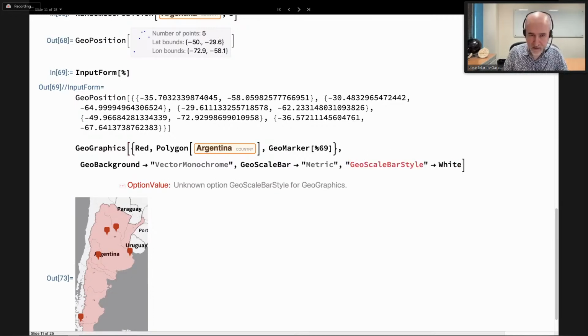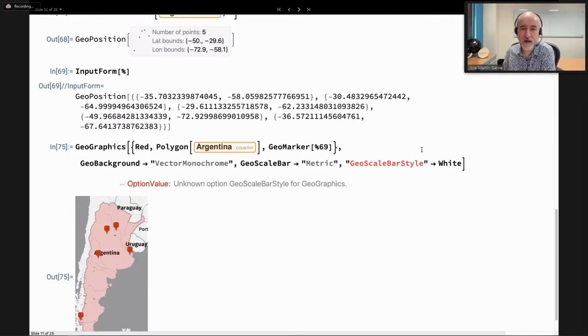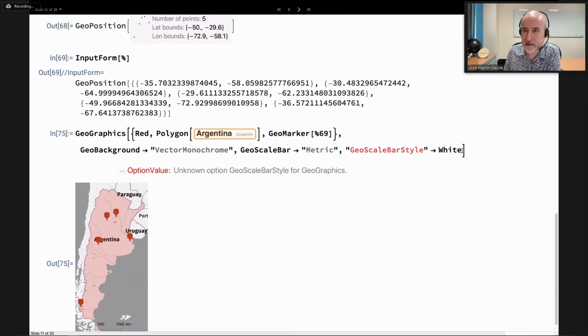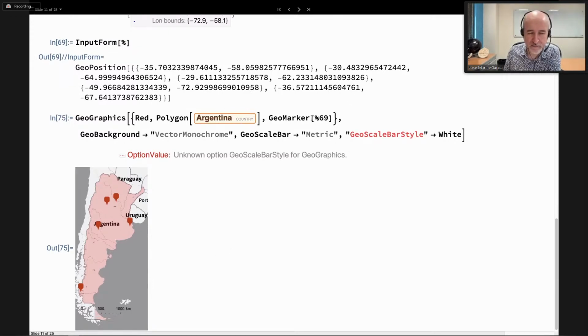This is the sort of thing. No, sorry. I cannot find it now. But we have been exploring the possibility of adding a style for the geoscale bar. I will look into it. You can contact me separately, and I think I can send you how to change the style. It's something that we want to add in the future, indeed.